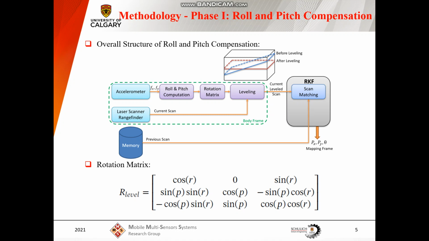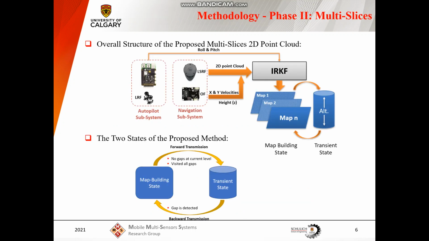The improved reference keyframe algorithm estimates position and heading of the MAV in the mapping frame. The utilized IRKF algorithm is fed with the 2D point clouds, the height and the velocities of the MAV from the navigation subsystem, while the roll and pitch of the MAV are provided from the autopilot subsystem.